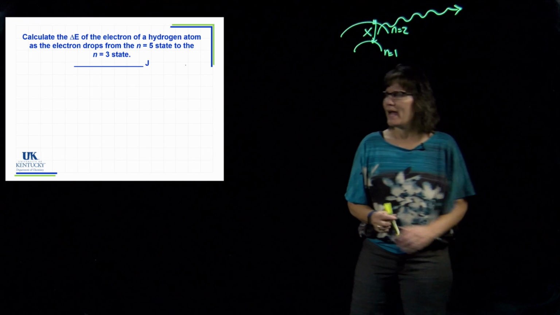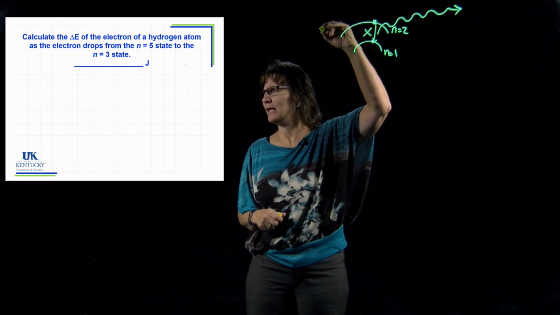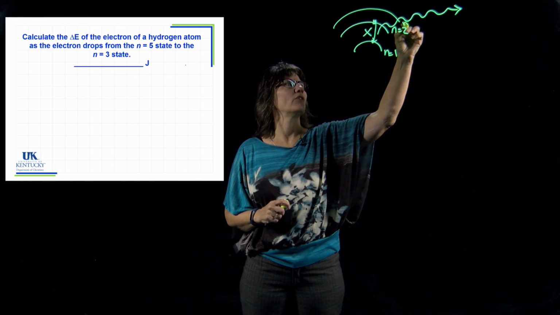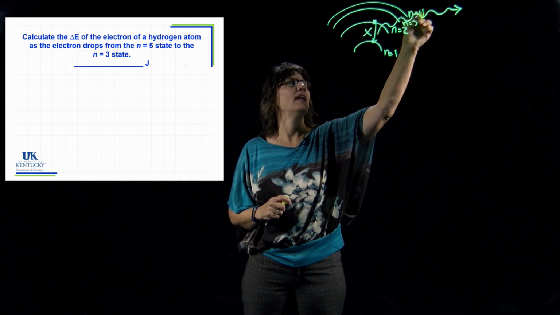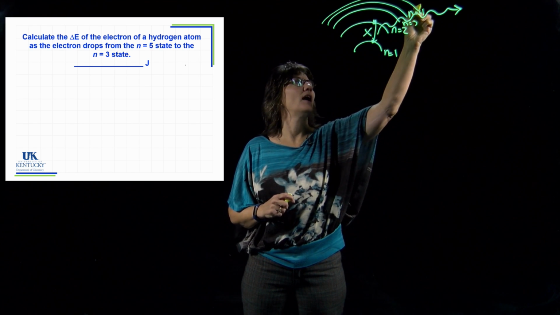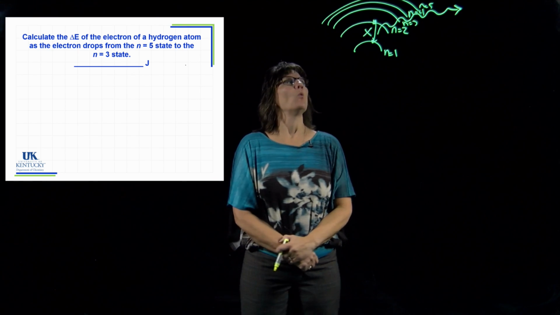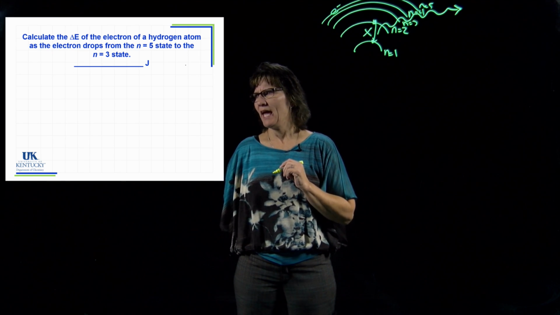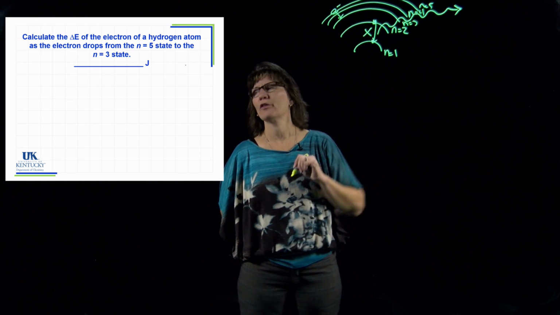We have an electron, and let me draw an idea of what's happening here. Let's just keep drawing on this one. There's an n equals 3, an n equals 4, and an n equals 5. They get closer and closer as they move further away. We have an electron that was sitting here in the n equals 5 state, and it's going to transition down to n equals 3.